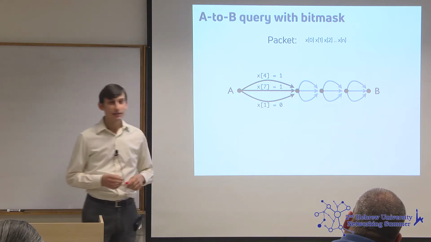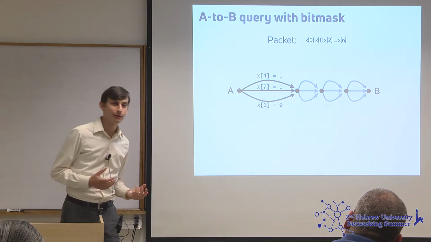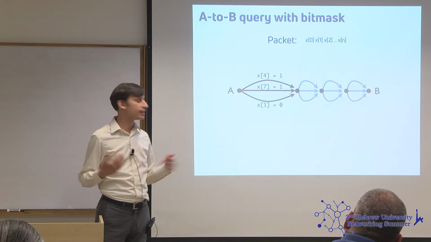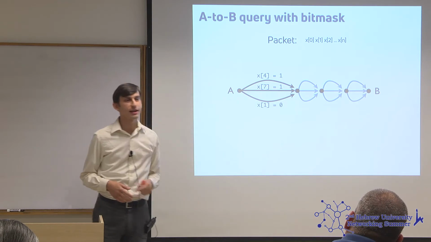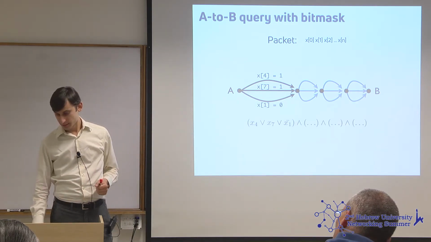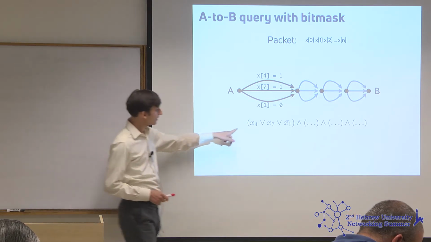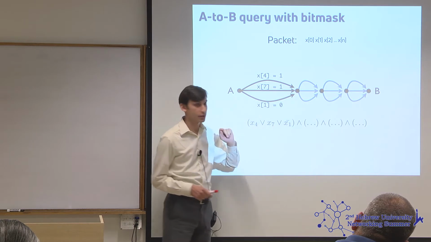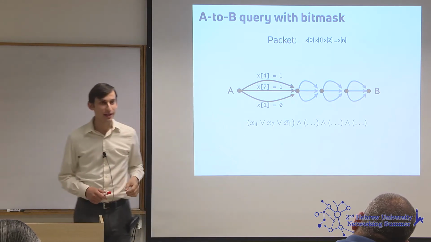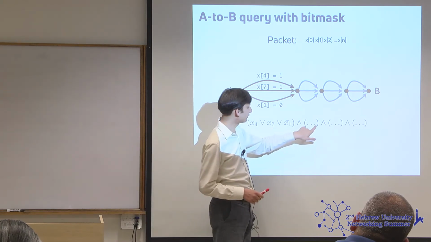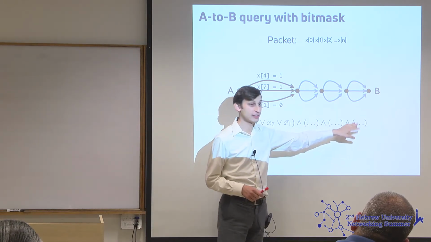Okay? So if we wrote this in logic terms, when does the packet proceed from the 0th stage to the next stage? It's when x4 or x7 or not x1. Now, that's for the first stage, and it needs to also pass the next stage and the next stage and the next stage.